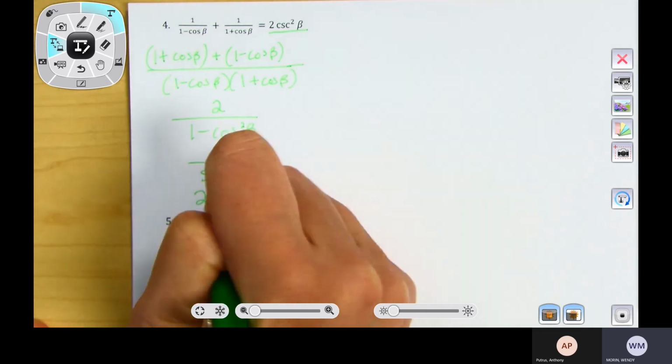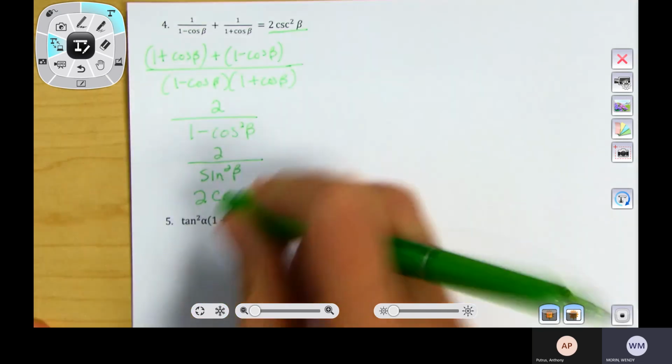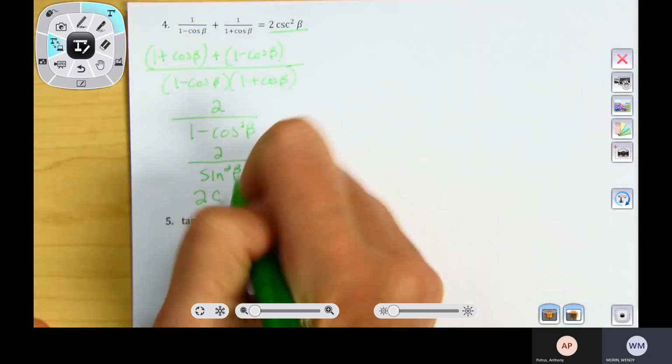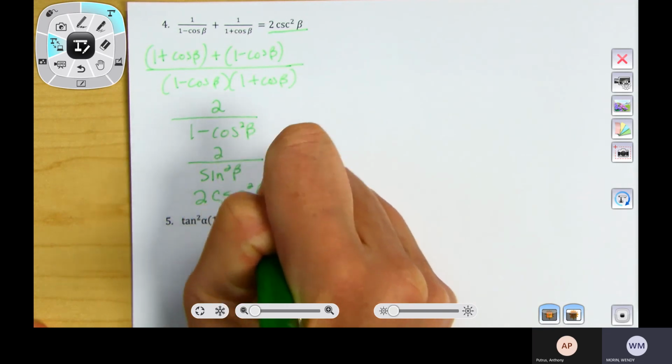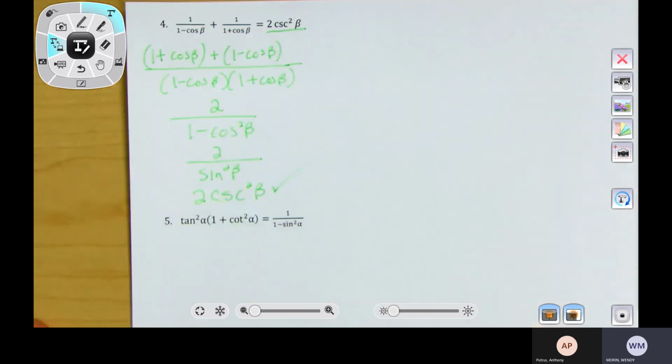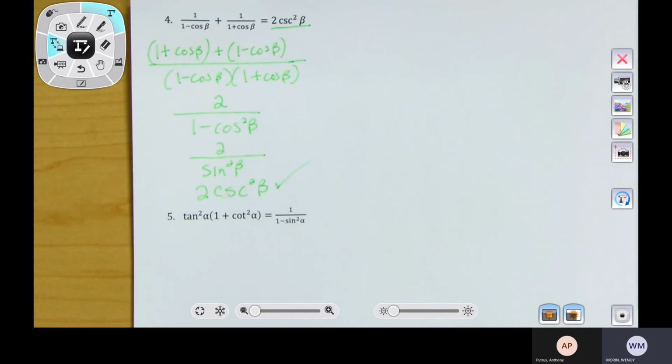So dividing by sine squared is the same as multiplying by its reciprocal. Cosecant squared beta. We are done again. Questions? You having fun yet?